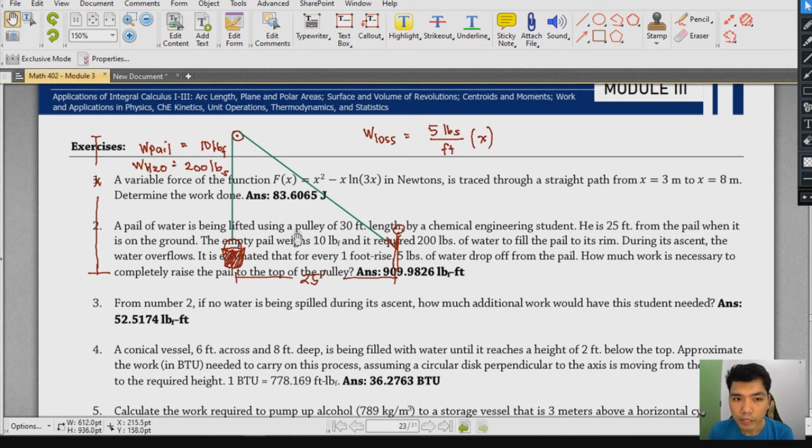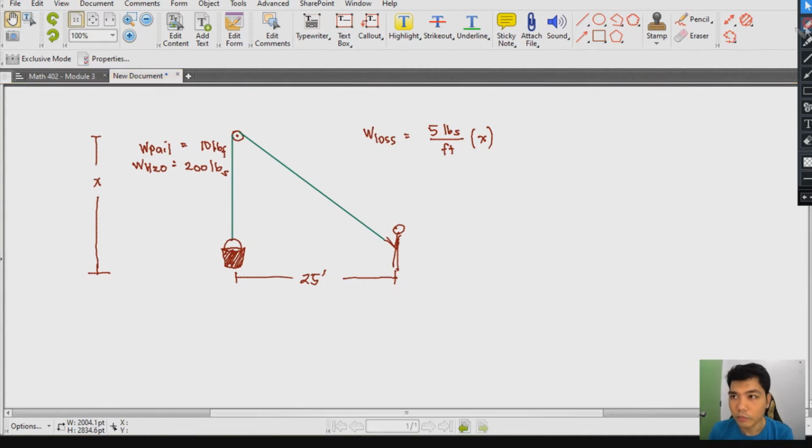Remember, it says here that the total distance, the total length of the pulley is 30 feet. So we could just imagine this, the length of the pulley being equal to 30 feet. So therefore, we could use that concept. So if you have, let's say, 25 squared, I'm using the Pythagorean theorem, plus x squared, that is actually equal to the hypotenuse here, and this hypotenuse is actually 30 minus this x, because that's the total length of the pulley minus this x distance from the pail.